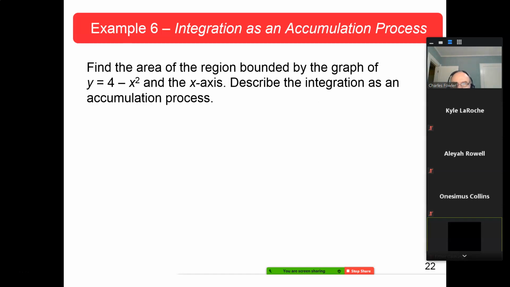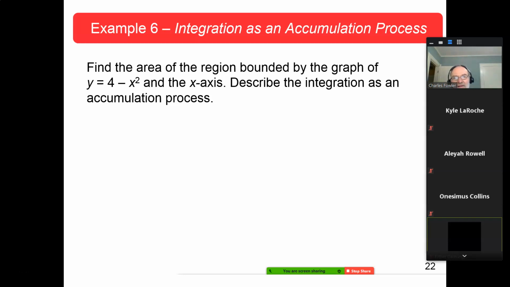Whoa. It erased everything I had just done. But my answer to that was 32 thirds, if you remember. It was there for a flash and then disappeared. Okay? Now if you go back and watch it on the YouTube video, you'll see it. Okay? So 32 thirds is what I got as the answer.